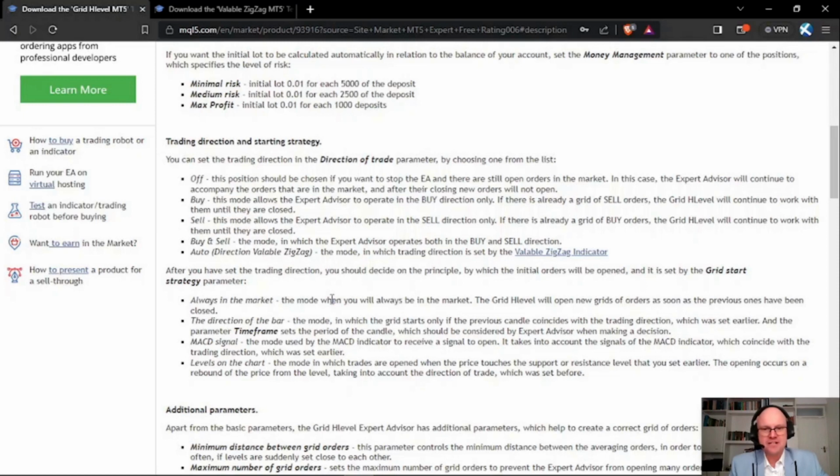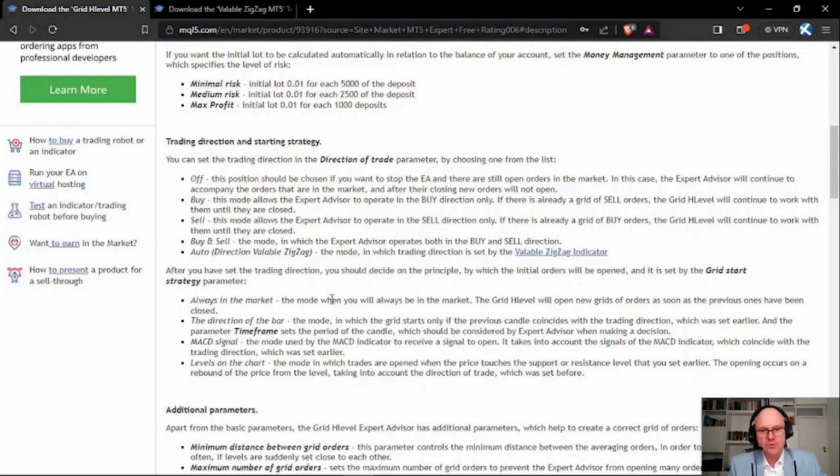And what I'll also be doing is giving us a little more information about how each of these modes interact with each other. When it comes to always in the market, this is the mode that will be the most active as it will constantly be opening new grid orders as soon as the previous one has been closed.